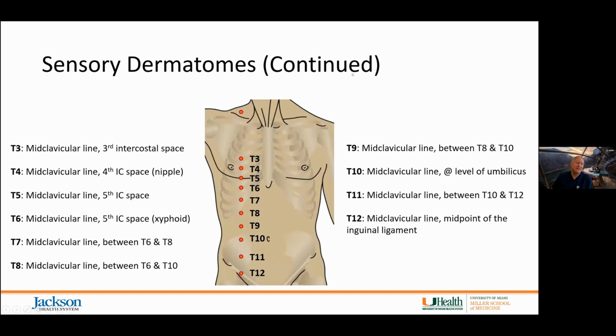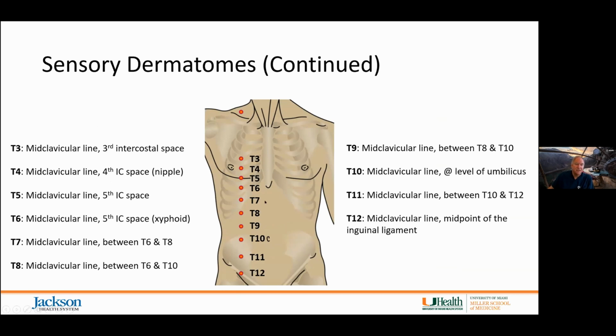As we work our way down, T3, basically we're going to be looking at the midclavicular line on the right side of the body and on the left side of the body. T3 is basically at the 3rd intercostal space. T4 is at the nipple line, basically the 4th intercostal space. T5 is the 5th intercostal space, halfway between T4 and T6, which is at the xiphoid process.